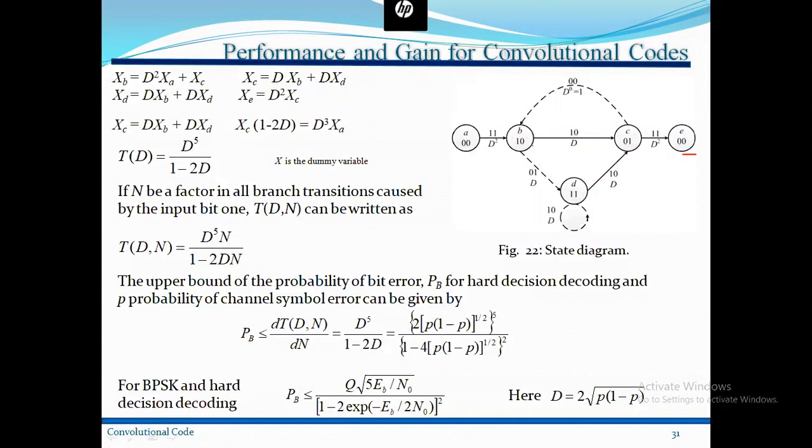So we have different path distances. So this is in fact the shortest path with the Hamming distance d5. That minimum distance is called the free distance of the code word.